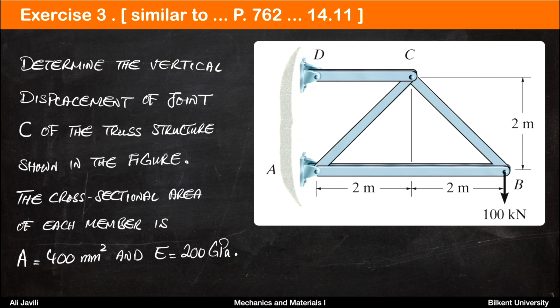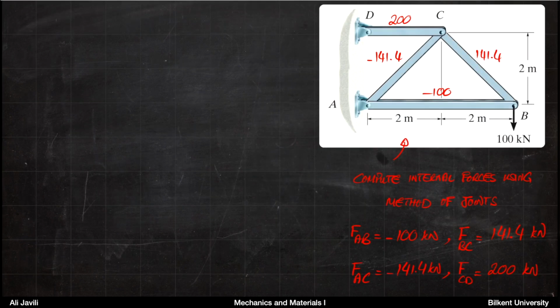And as I mentioned previously, what we want to do now is to use the method of virtual forces. The first step is similar to what we had done before. Before we talk about the virtual system, we should solve the real system. So first you solve the real system and you calculate the internal forces within each member.